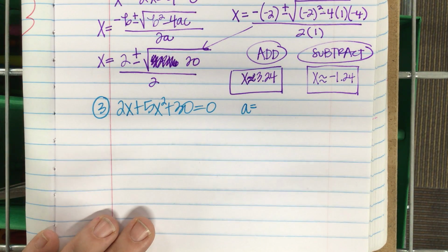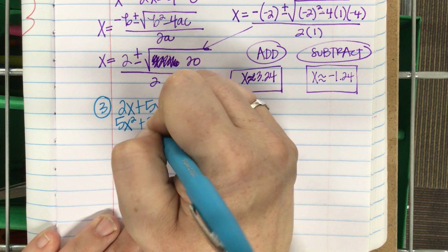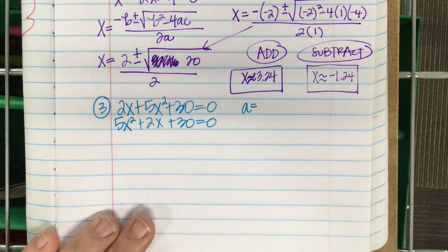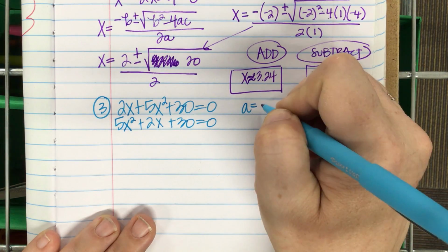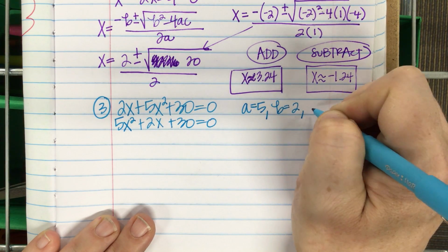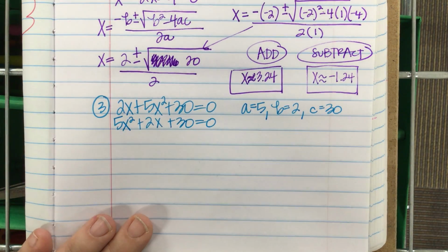Good catch. Standard form would be 5x squared plus 2x plus 30 equals 0. Gentlemen, pay attention, please. My a value is 5, my b value is 2, and my c value is 30. Oh, that's tricky.